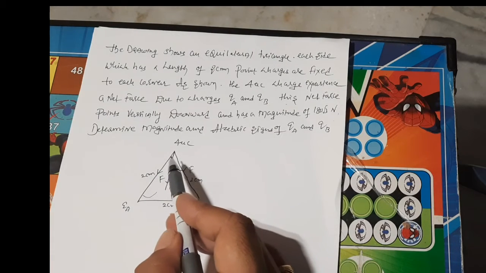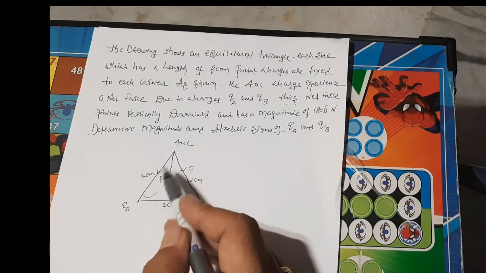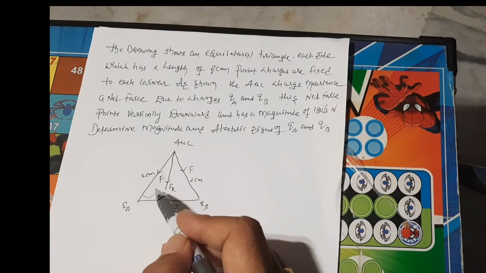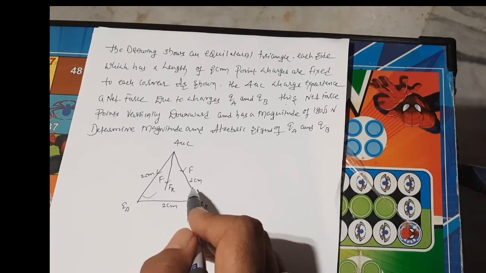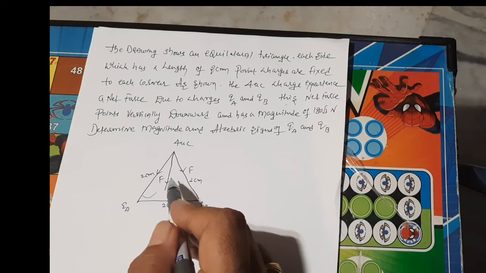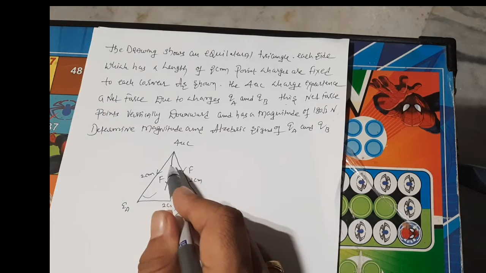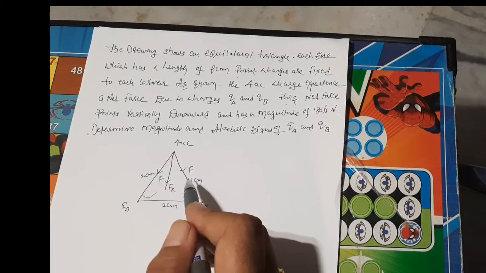They have given that the net force acts vertically downward, so the forces should be equal.